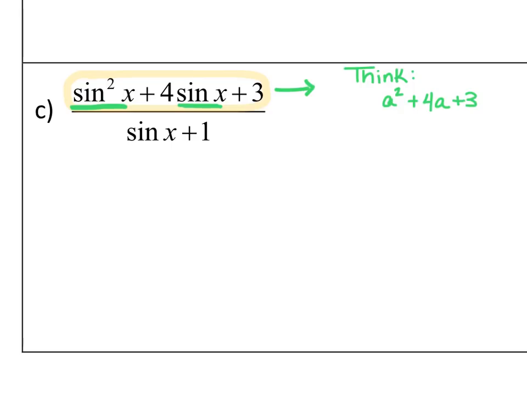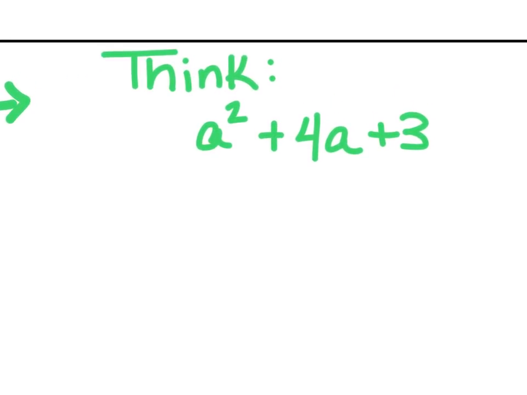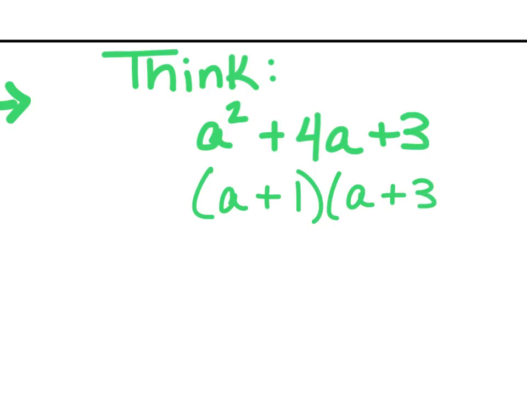Now, the directions here say to solve by or simplify by factoring. Therefore, this must be factorable. 3 times 1 is 3. 3 plus 1 is 4. And so that factors to a plus 1 times a plus 3.